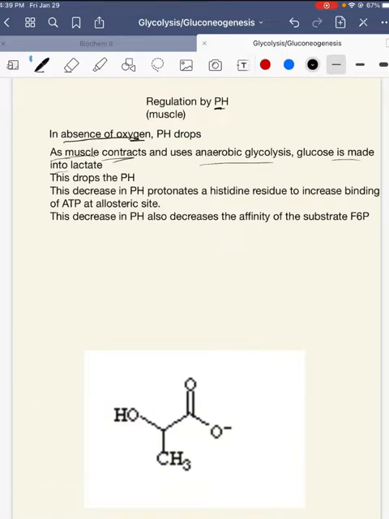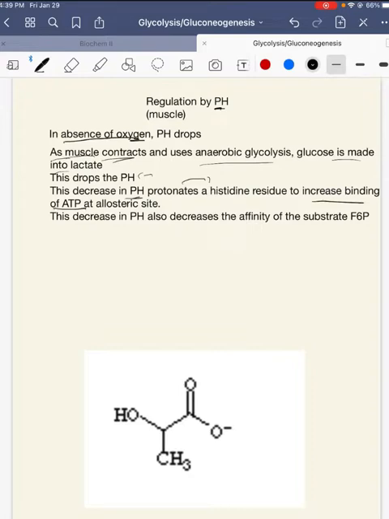So this drops the pH, and this decrease in pH, so lower pH is more acidic, protonates a histidine residue in the allosteric site of PFK, sorry, not the active site. And this increases binding of ATP at the allosteric site.